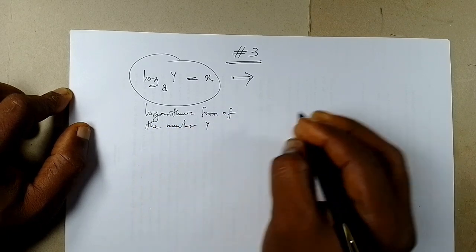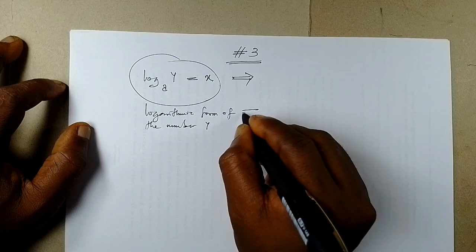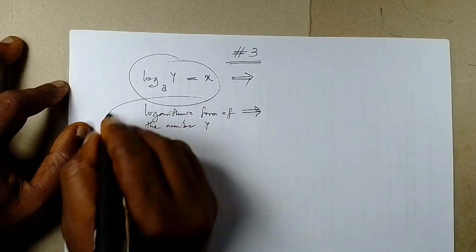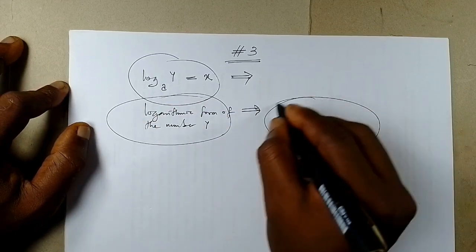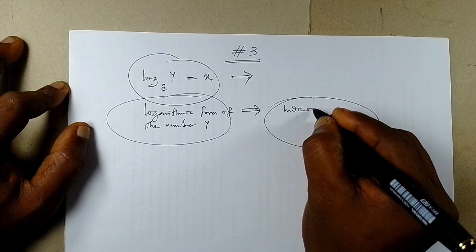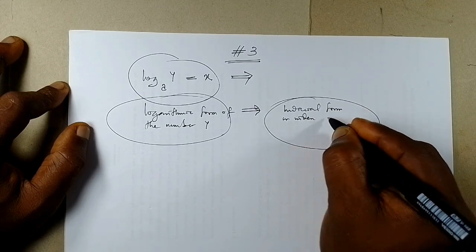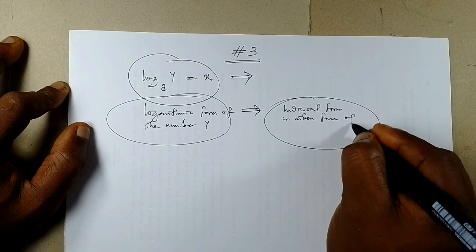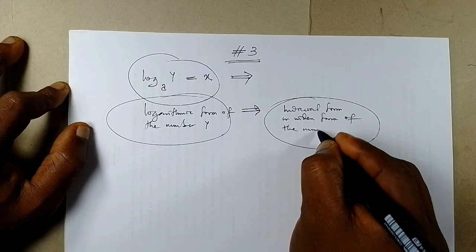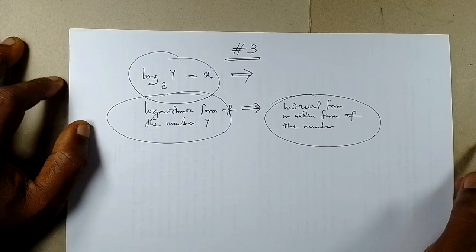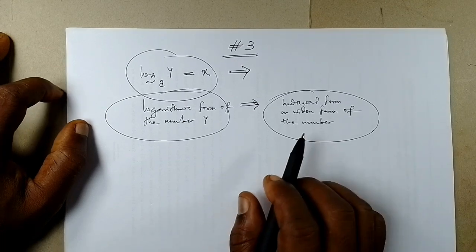Okay, the number y. Now, you could convert from the logarithmic form of a number, that is this form, to what is called the initial form or index form of the number. You can convert. So how do we convert? All you have to do is to follow the definition.